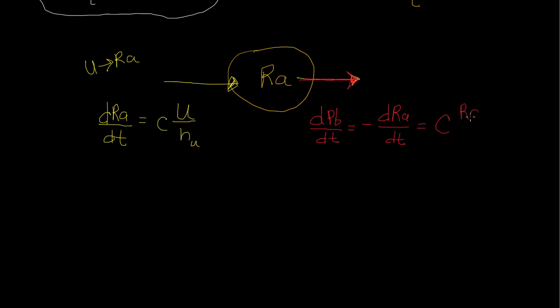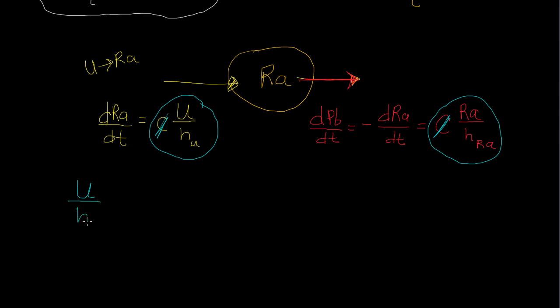That's now the parent divided by the half-life of radium. So the absolute value of these guys have to be equal. Now the constants are the same, right? Constants are the same. So what we can say then is that the ratio of the concentration of uranium to the half-life of uranium has to equal the ratio of the concentration of radium to the half-life of radium.